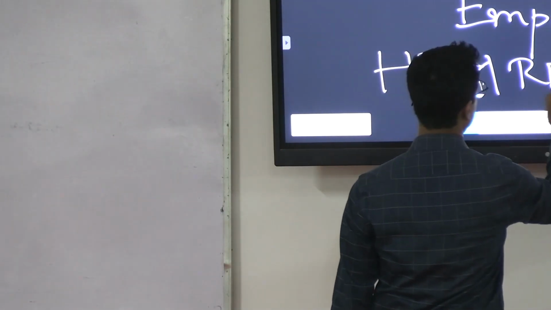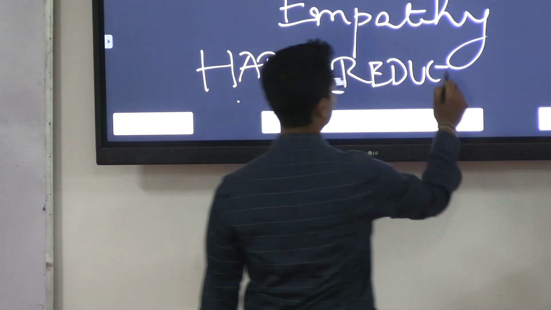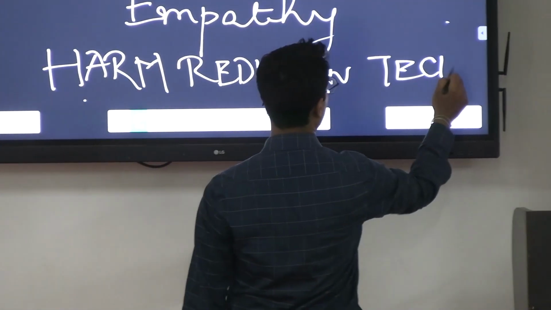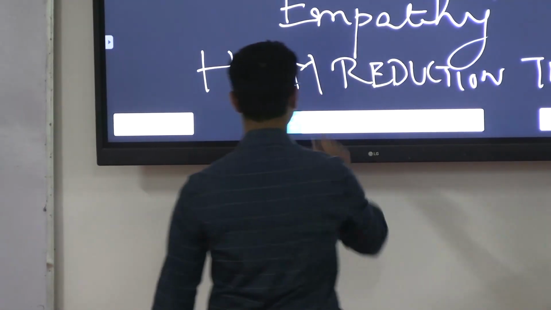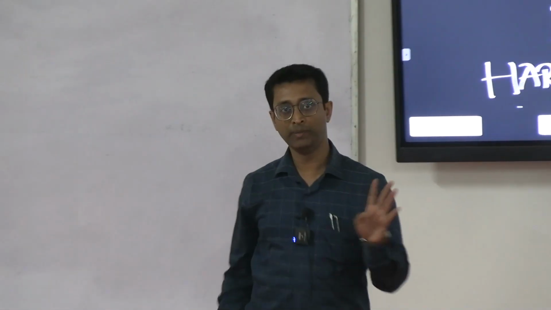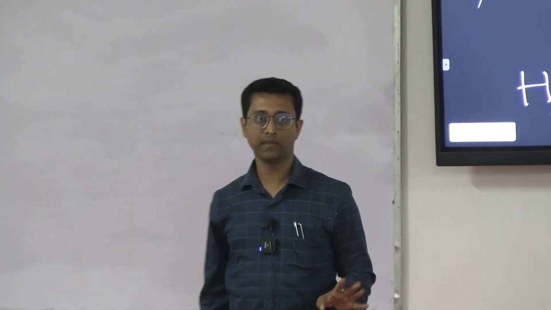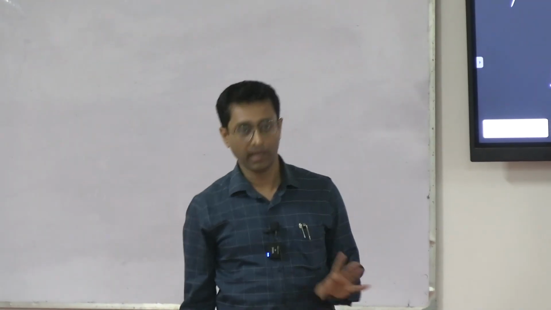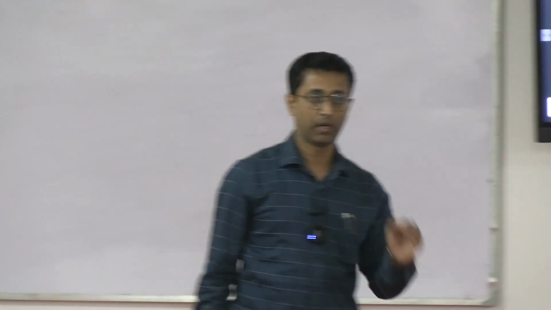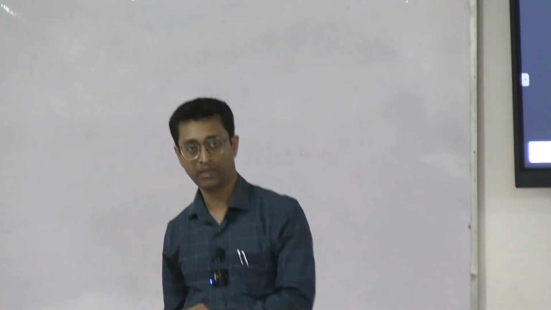reduction technique. It is, no matter how hard you try, there will be some cases you can't help, but at least you can cut down some of the risk factors, and it is one of those.